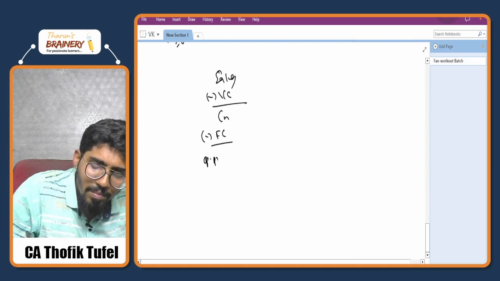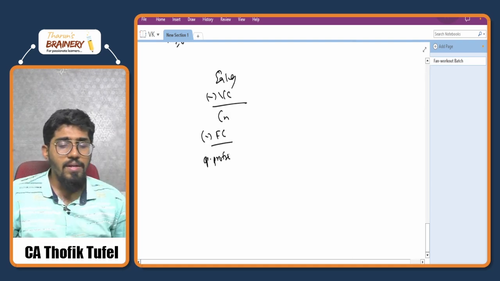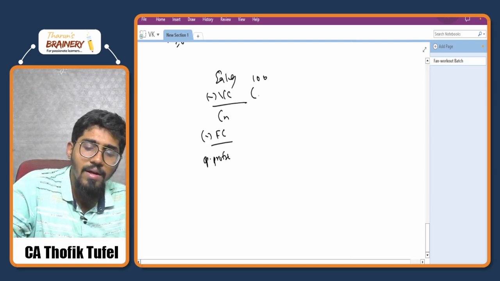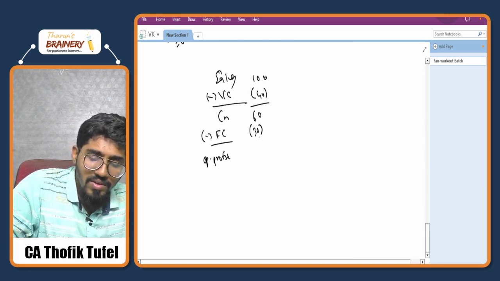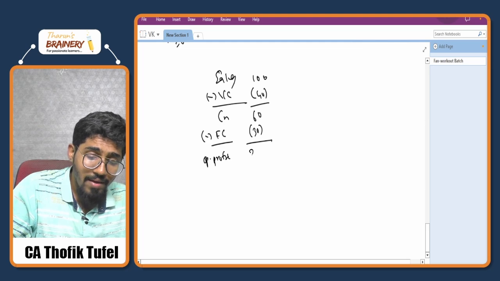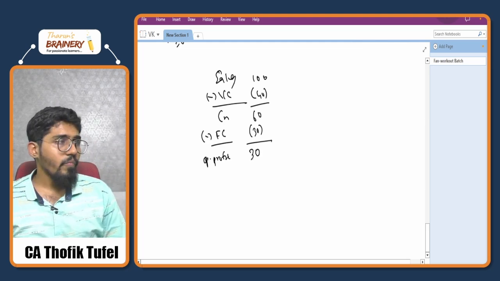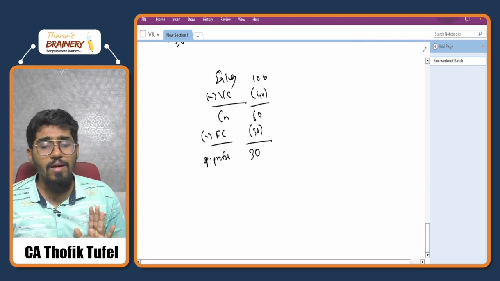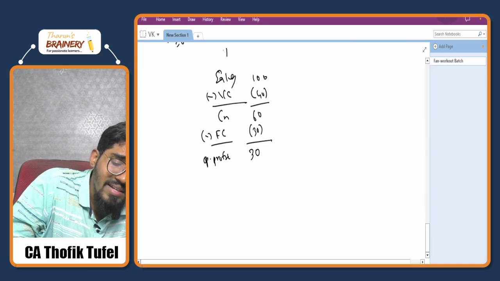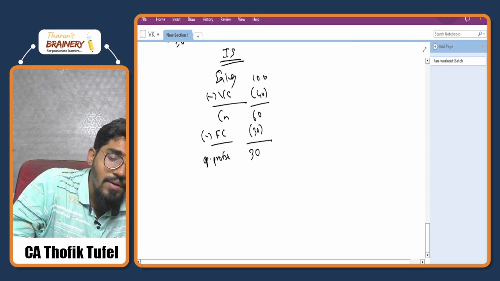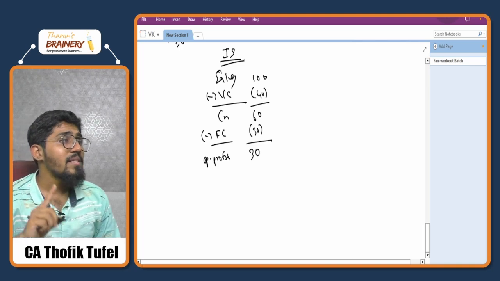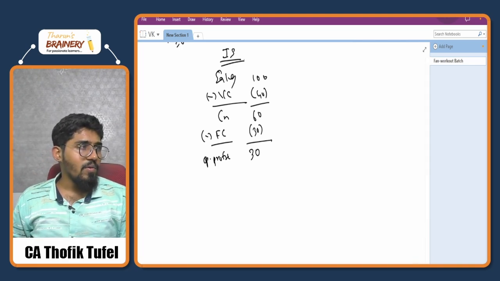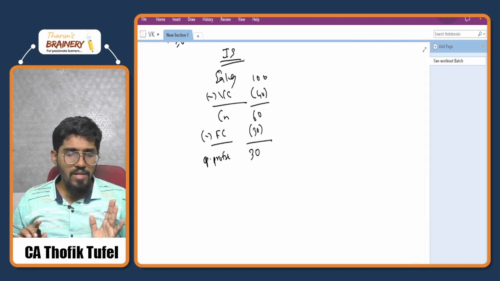If your sales is 100, your variable cost is 40, your contribution is 60, your fixed cost is 30, and you are having an operating profit of 30 rupees. So till now, this is what I call the income statement. The income statement is the first step of discussion.